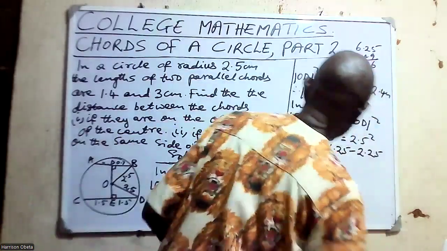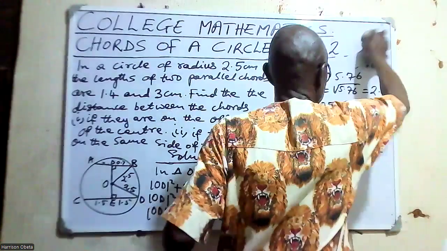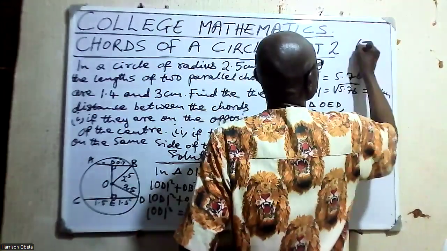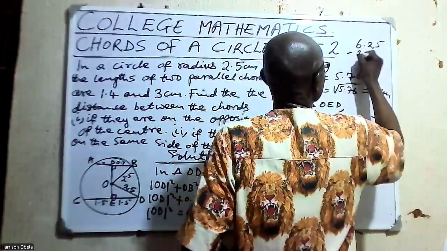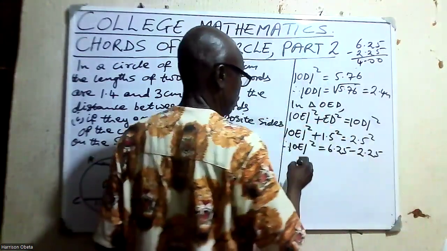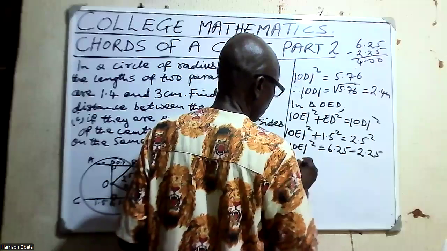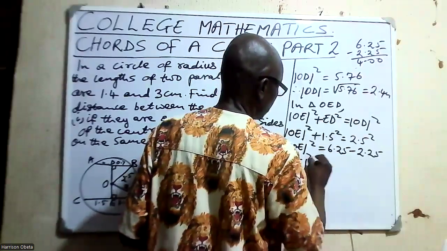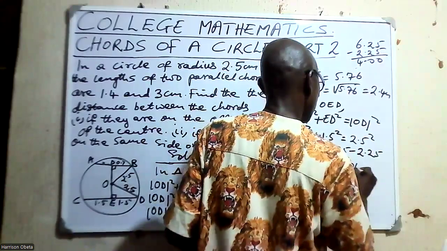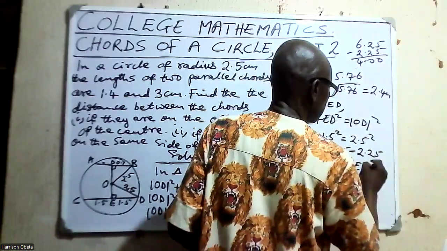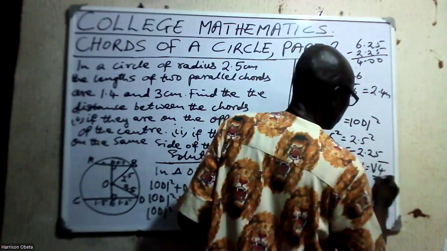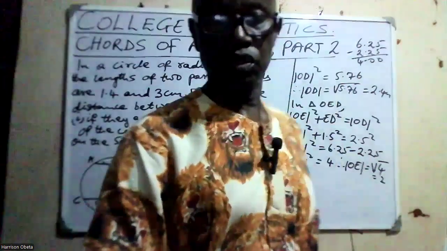And in order to subtract, I'll do it up here. 6.25 minus 2.25 is 4. So OE squared is equal to 4. Therefore, OE is equal to the square root of 4, which is equal to 2.